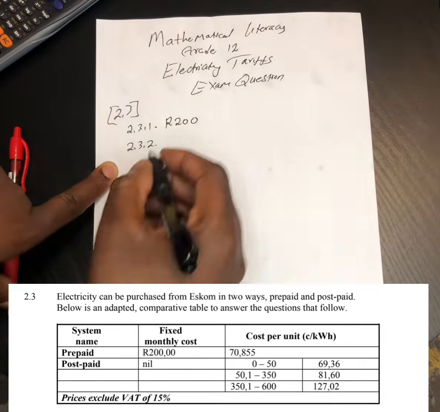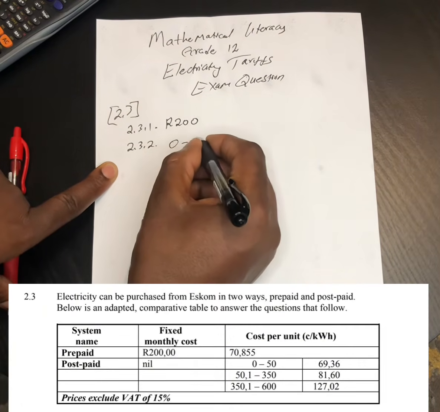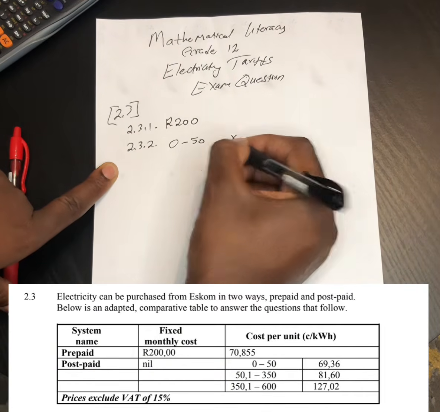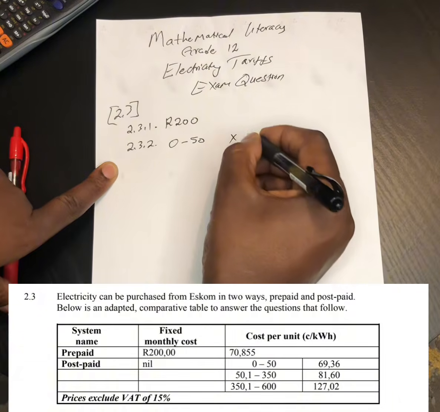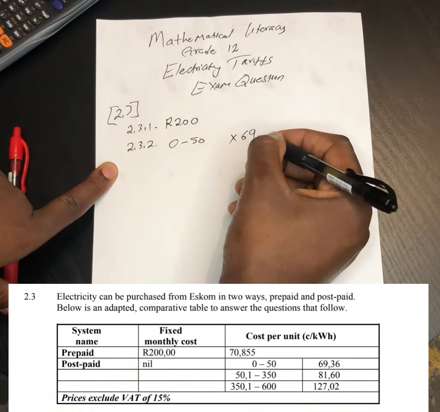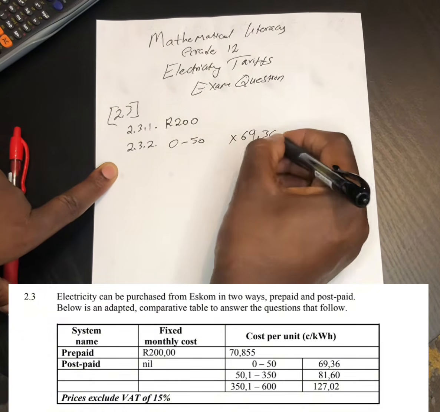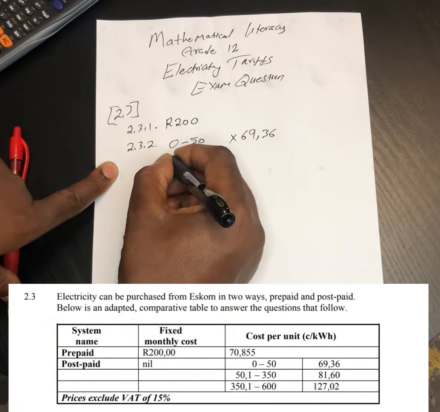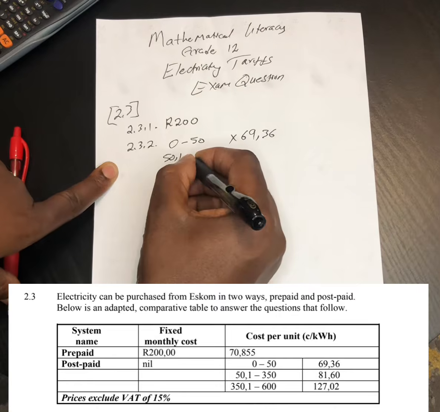So let's look at this. We have 0 to 50. For 0 to 50, they will pay how much? 69.36 cents.